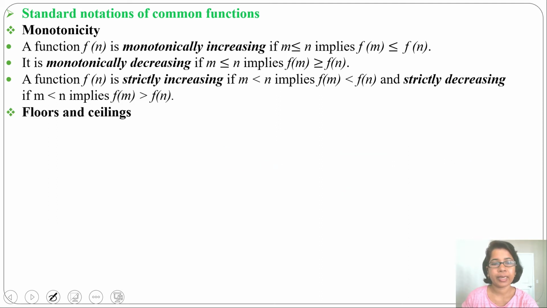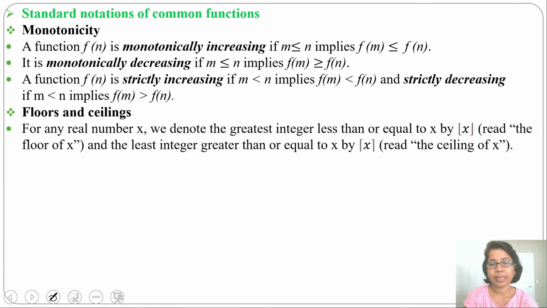Next, floors and ceilings. For any real number x, we denote the greatest integer less than or equal to x by this symbol, read as floor of x, and the least integer greater than or equal to x by this symbol, read as ceiling of x. Let us find the root of 6. We know root of 4 is 2 while root of 9 is 3.